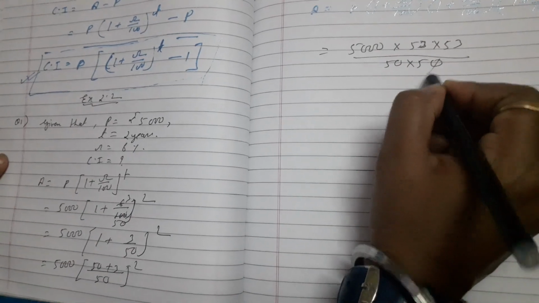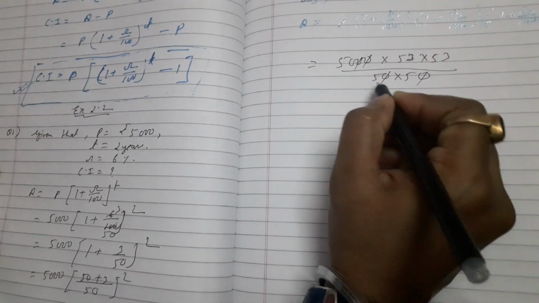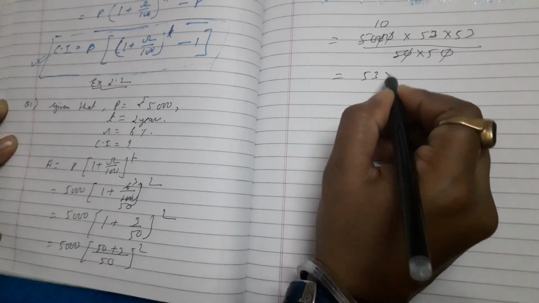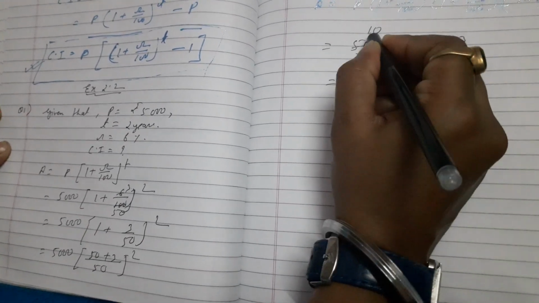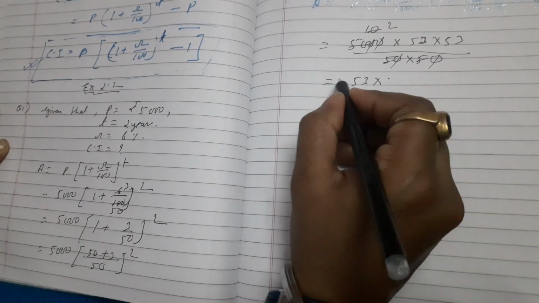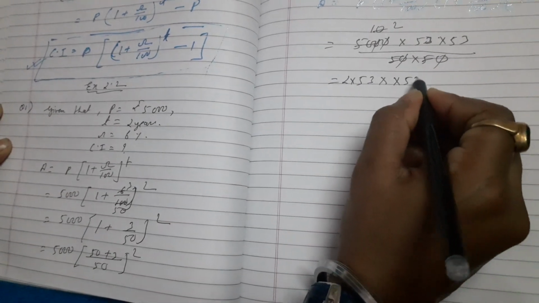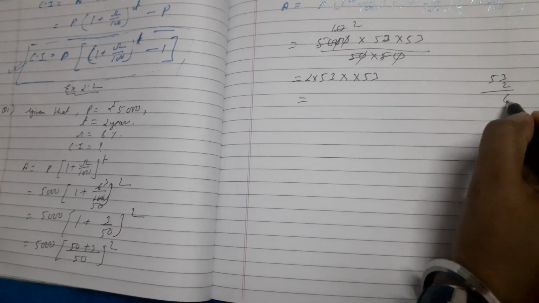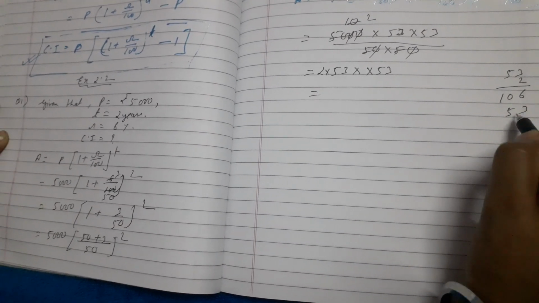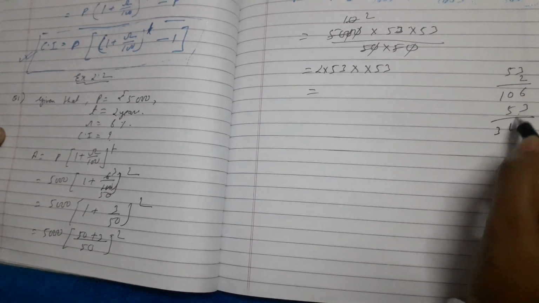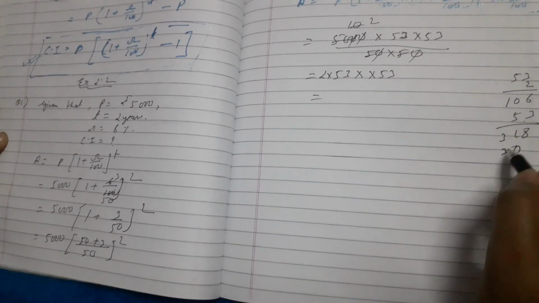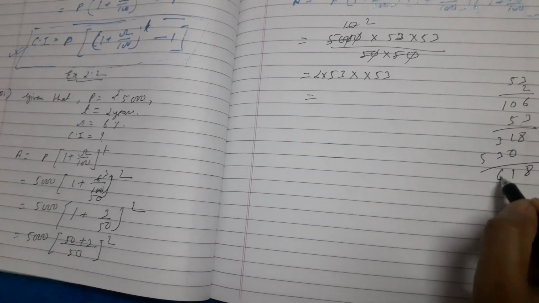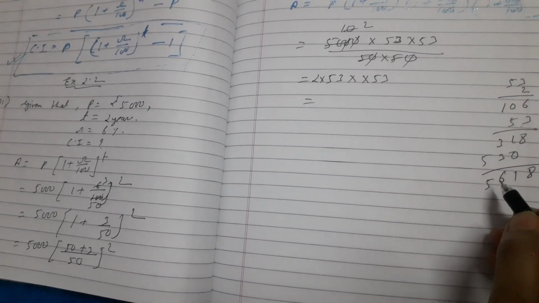So 0 0 0 0, 5 10s, so 53. 2 into 53 into 53, so let's multiply. 53 times 2... 2 3s are 6, then 53, 3 6s are 18, 3 5s are 30, and 5. Here is 2809, and 5618.